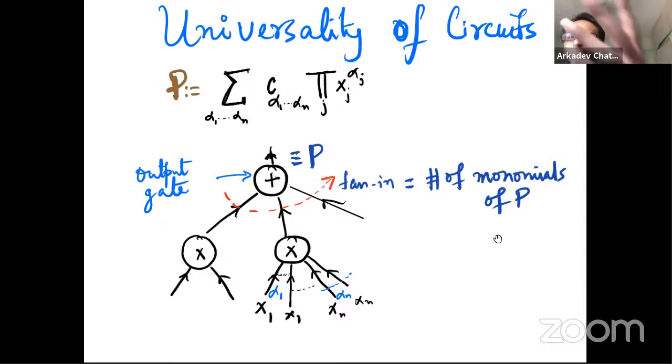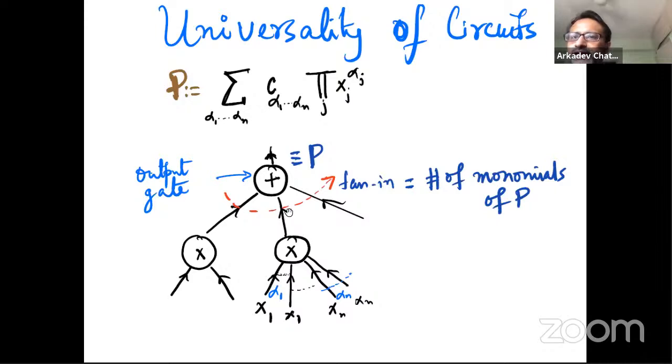Because if you just express the polynomial as a sum of its monomials, then you can use a depth 2 circuit with a big fat plus gate at the top, and feeding into it are all these product gates. Each product gate is computing a monomial, and what I've missed out here is this edge.